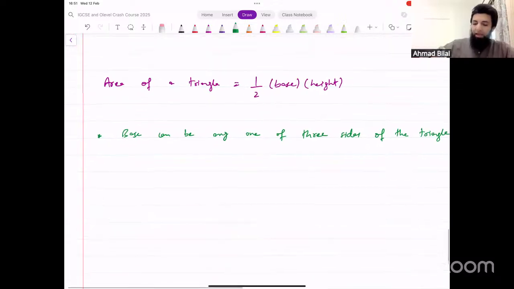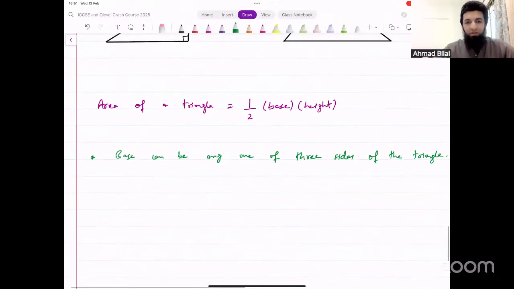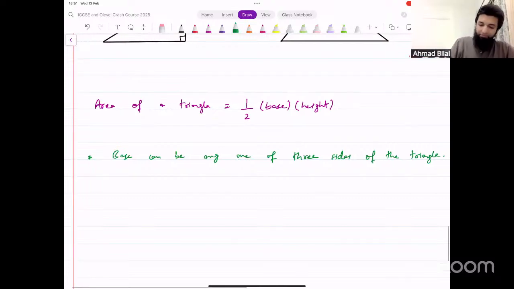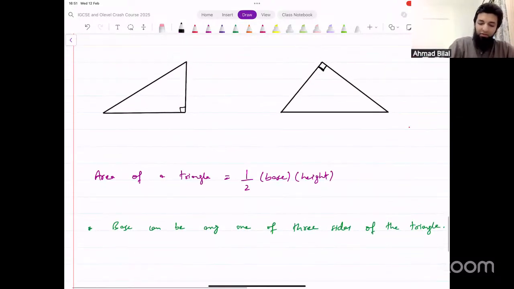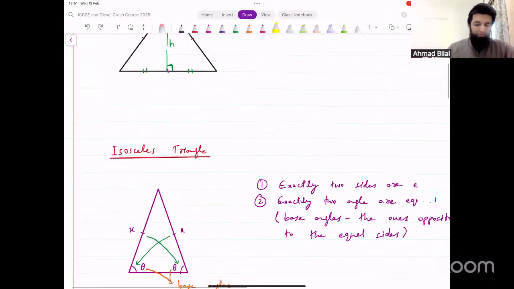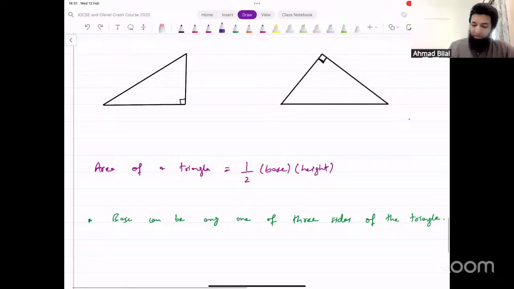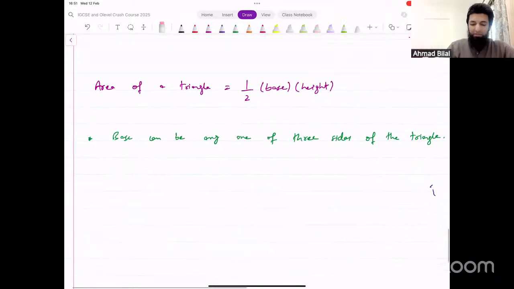Any one of the three sides of the triangle, you can take that as the base. So in the triangle on the left side, you can take this side as the base. You can take this side as the base. Or you can even take this side as the base. All three sides of the triangle, you can take them as the base. Now, how does that make sense?